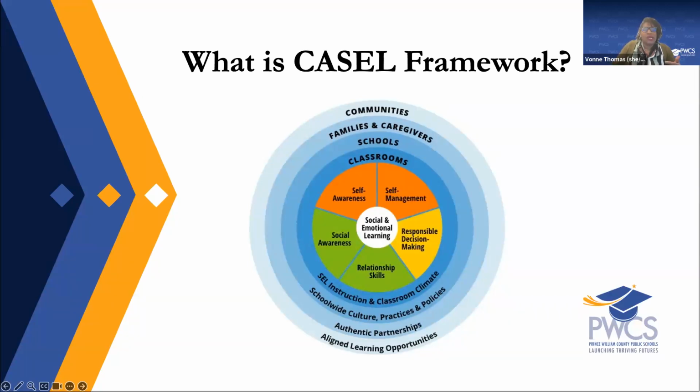CASEL stands for Collaborative for Academic, Social, and Emotional Learning. The CASEL framework focuses on developing relationships among the school, home, and community through 5 core competencies. These are the skills needed to be successful academically, behaviorally, socially, and emotionally. So I'm just going to go over the CASEL wheel.